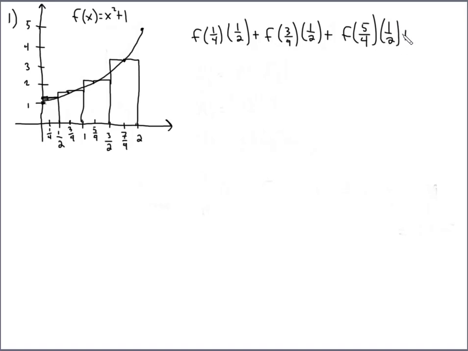And then the last one, f of 7/4, and multiply that by 1/2 as well. And then if you plug all these in, I'm just going to skip through this. We saw how we got these numbers. We're plugging them right back into here. So f of 1/4, 1/4 squared plus 1, and 3/4 and 5/4 and 7/4, etc.